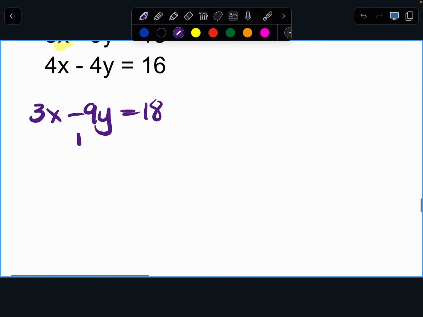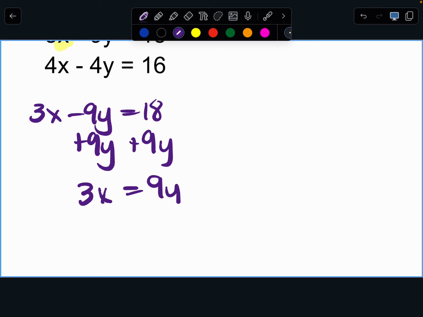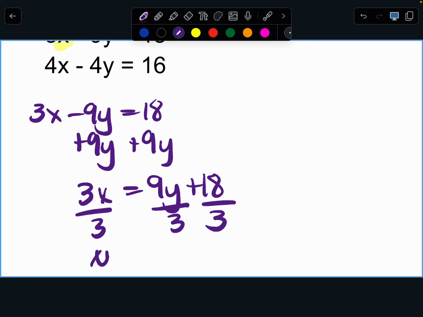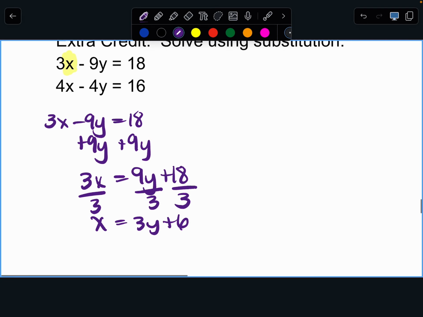So I'm going to add 9y to both sides, get 3x equals 9y plus 18. I'm going to divide by 3, divide by 3, divide by 3, get x equals 3y plus 6. So that's what x equals.